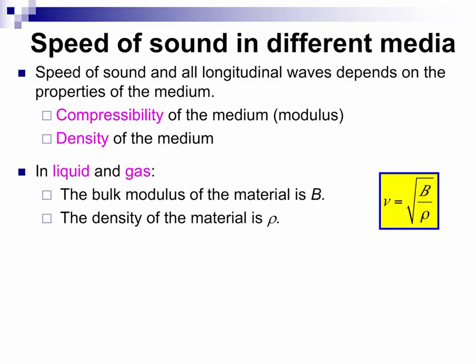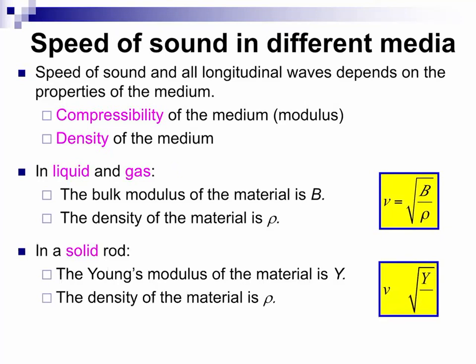This is how the speed is related to the compressibility and the density of the material. And for solids, you have the Young's modulus. So it's a similar form; the compressibility is just given different names depending on whether your medium is liquid or gas, in which case it's the bulk modulus, or a solid, in which case you call it the Young's modulus. But it's a property of the material. You can look it up in the table.